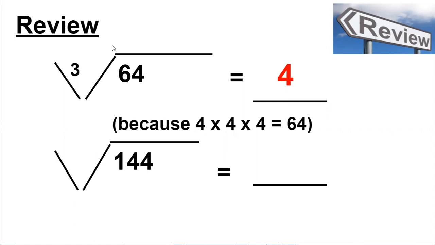Keep going until you find a double that equals 144. This one, hopefully you know is 12, because 12 times 12 equals 144. Again, I would say it's important to learn your doubles and multiplication up through 15. That would be very helpful for you.